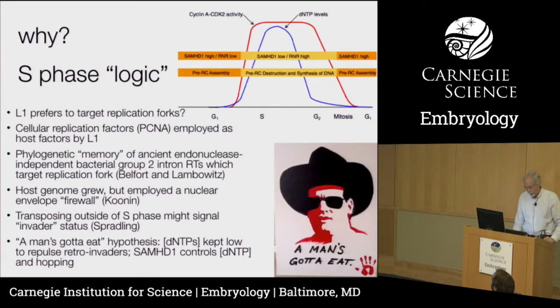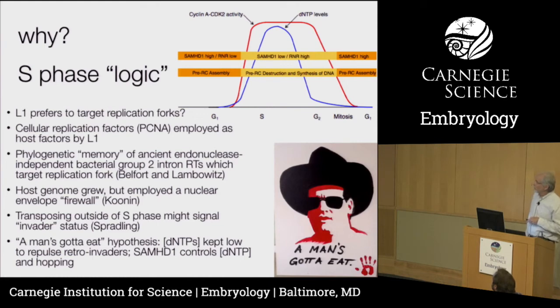So the question then comes up, why would this cell cycle regulation occur? So yeah, maybe L1 prefers to target replication forks. We know that PCNA behaves like a host factor for L1.